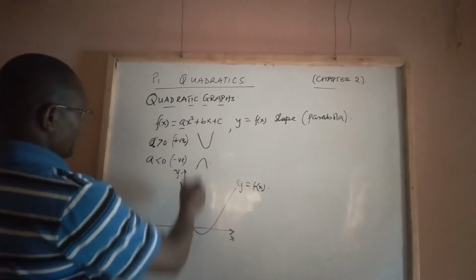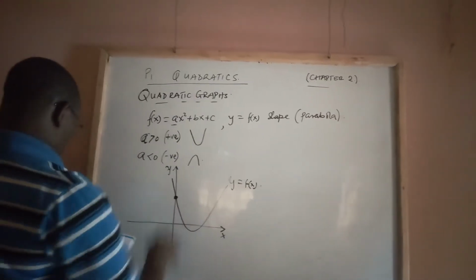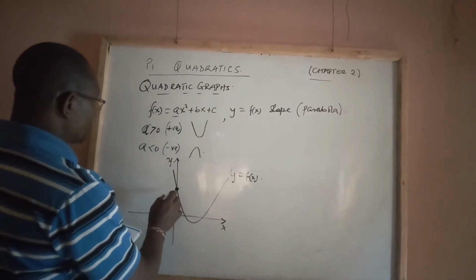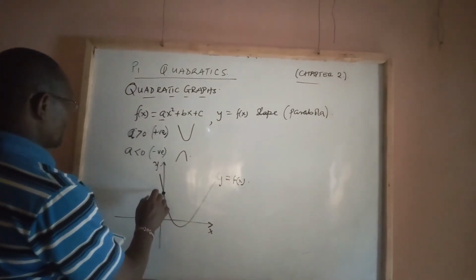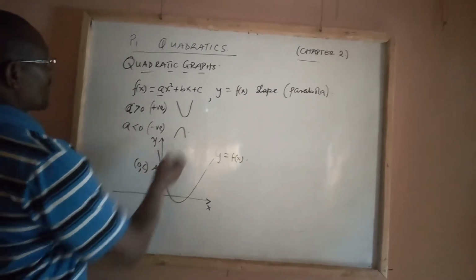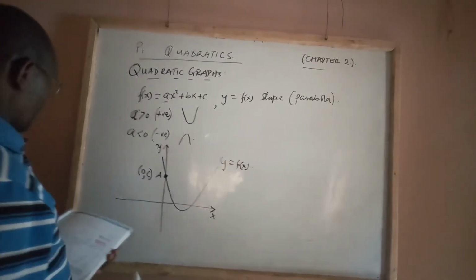In fact, the mathematical name of this line, the y-axis, is x equals 0. And the coordinates at this particular point, call it point A, are (0, c), the constant, which happens to be the c in the original quadratic equation.